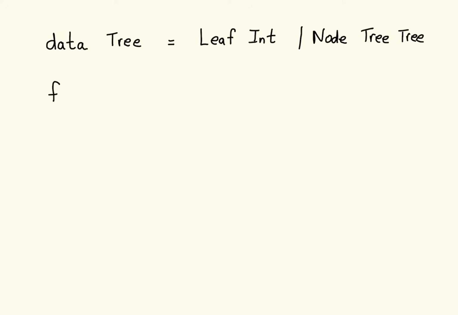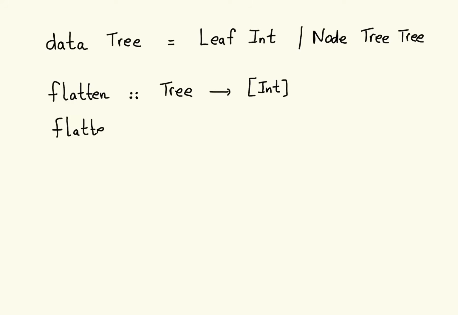So the flatten function is simply going to take an argument of type tree, and it's going to flatten it down to give a list of all the integers which appear in the tree. So flatten takes a tree as an input and gives you a list of all the integer values which appear in the leaves. And this is a very straightforward function to define.